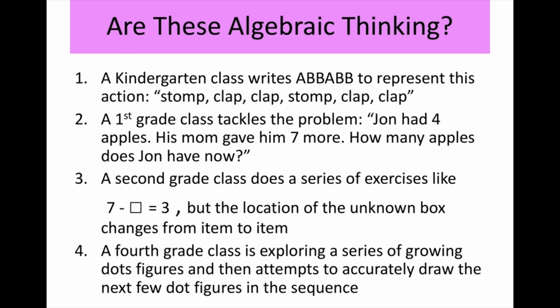This is a common way for young learners to generalize patterns. Of course, ABB could be stomp, clap, clap, stomp, clap, clap, but maybe that could also represent something like green, yellow, yellow, green, yellow, yellow. And so this use of symbols helps us generalize a pattern to not just stomps and claps, but to lots of things. So there's a lot of algebraic thinking in that example.